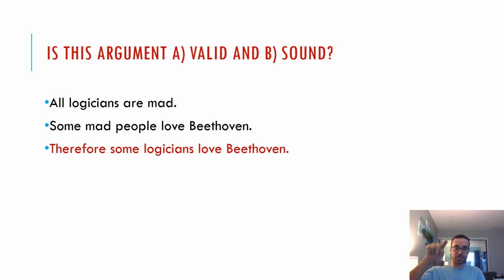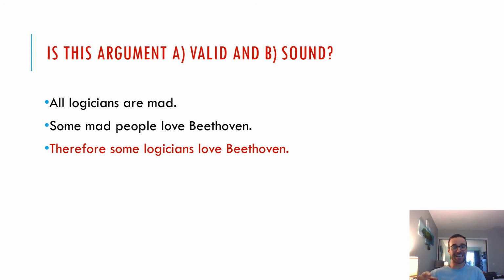All of the logicians fell within the mad people circle. And then I drew another circle, some mad people who love Beethoven. It was separate from the logician circle, where some of it overlapped with the mad circle and some of it did not. So that some people who love Beethoven were in the mad circle, but also some people who love Beethoven were not in the mad circle.